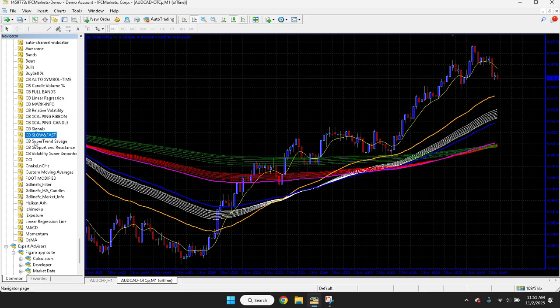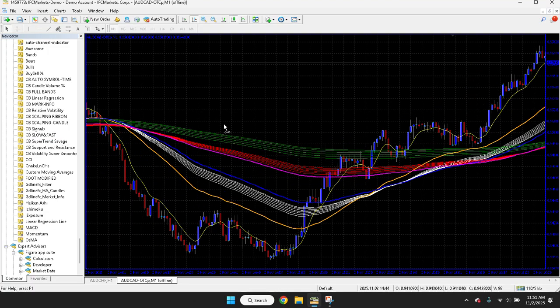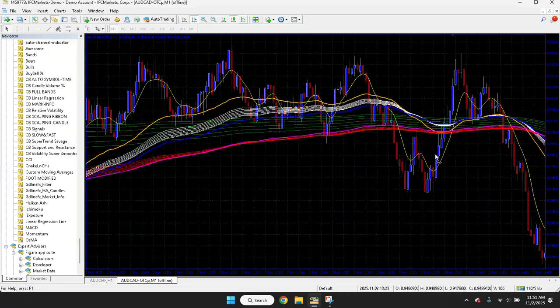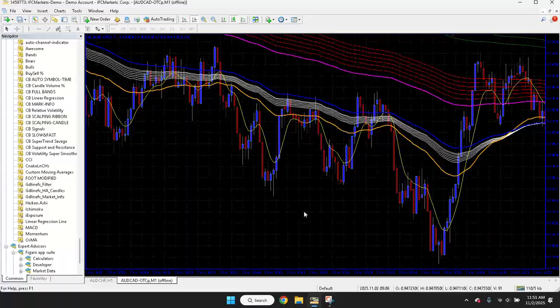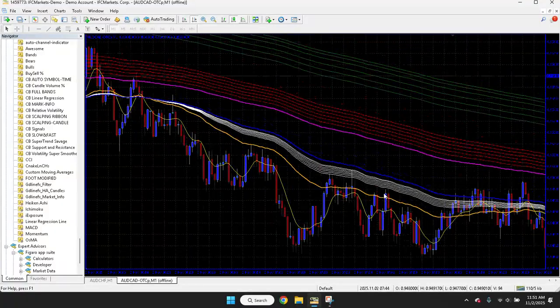You don't necessarily need fast and slow or slow and fast, depending on however it's named when it came to your package. It's basically all the same. And that's just to help you capitalize on some of the smaller movements, like in these areas here.